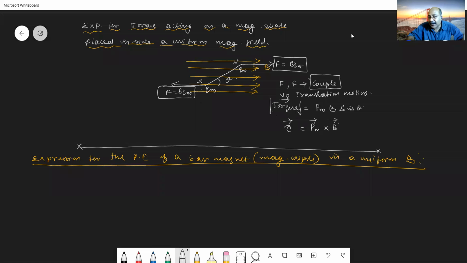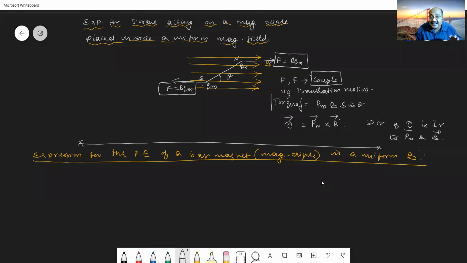The magnitude of the torque produced on this magnetic dipole is P M B sine theta, or the torque tau vector equals P M vector cross B vector. The direction of the torque is perpendicular to the magnetic dipole moment and the magnetic field acting. This we have already studied.